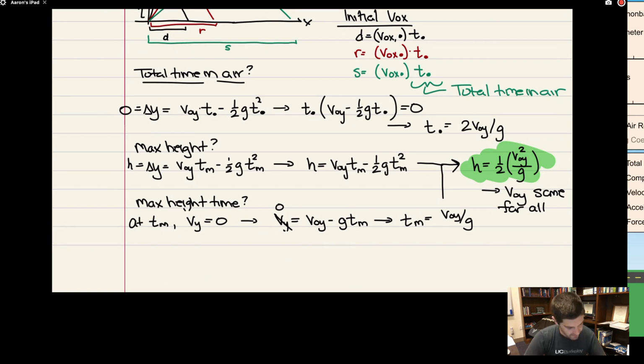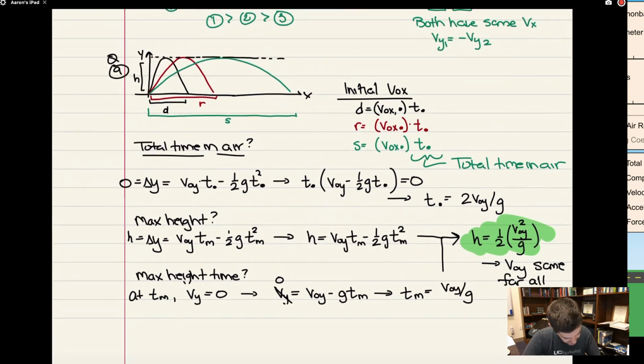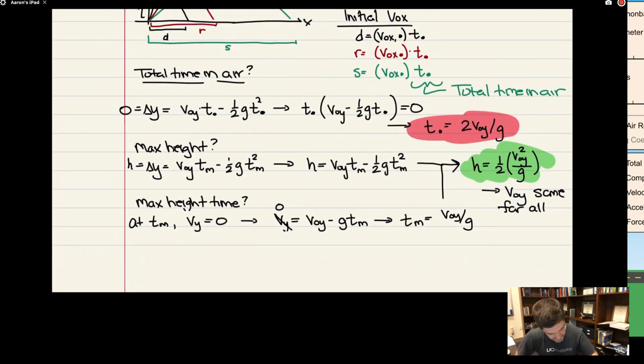That implies, if I look at the equation that's conveniently right above it here, if v in the vertical direction is the same for all 3 and g and 2 are still the same, that means that the total time in the air is the same for all 3.